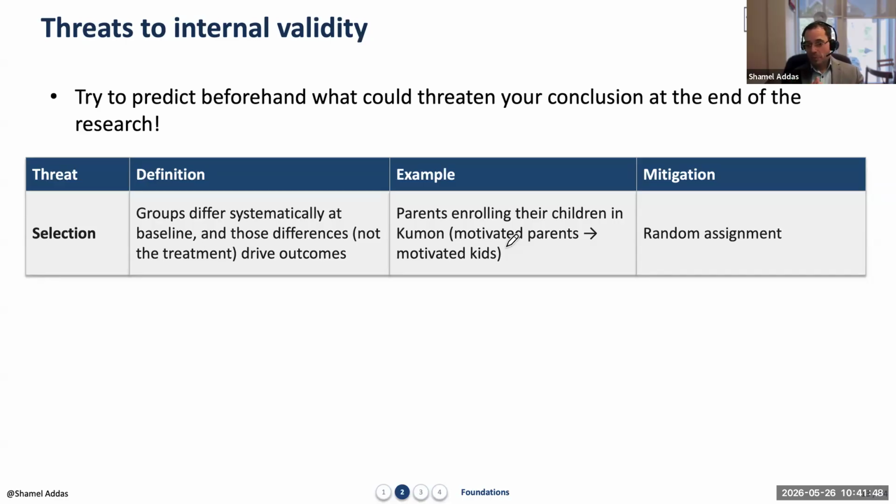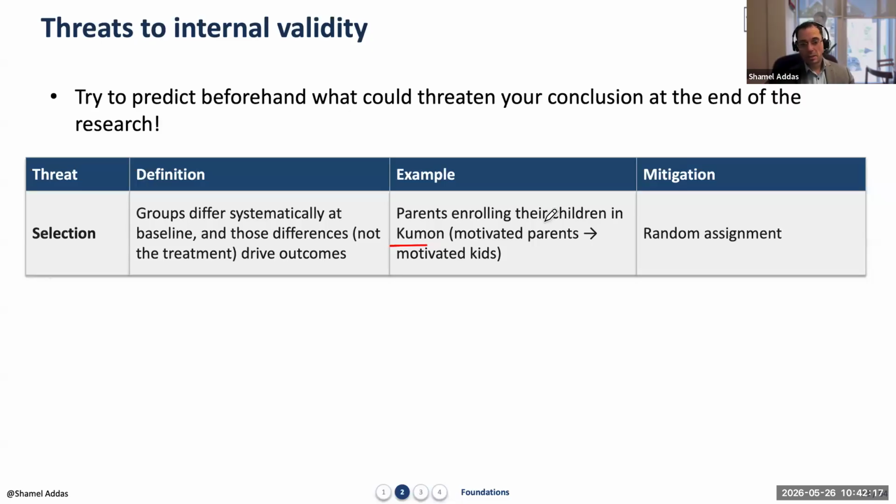The example here is maybe Kumon, which is kind of like tutoring practices and math tests. Let's say you're trying to measure the effects of Kumon, which is a service that helps students improve their math and other things. But if you're comparing a group of Kumon and non-Kumon, what about the fact that parents are actually choosing who goes to the Kumon class?